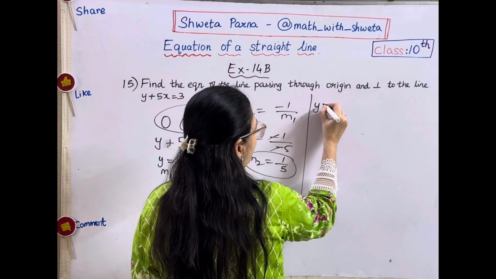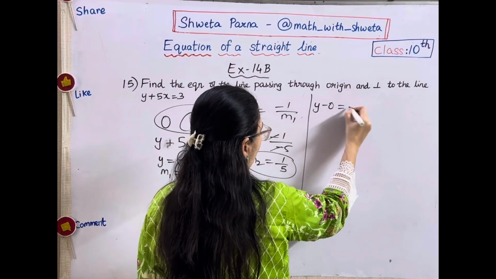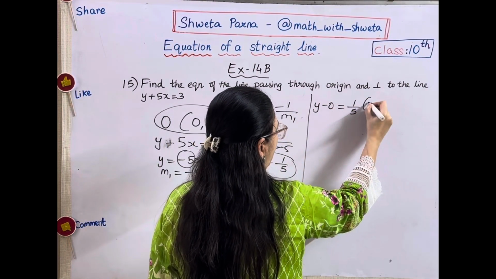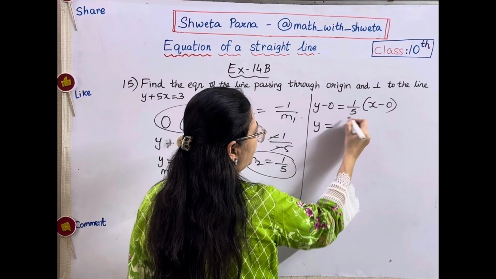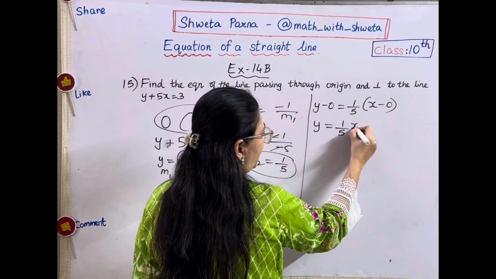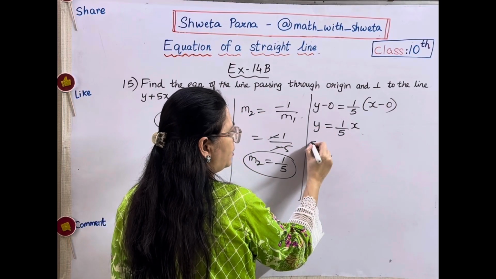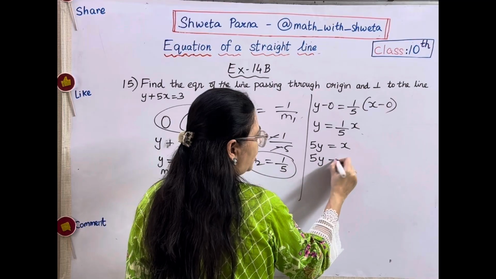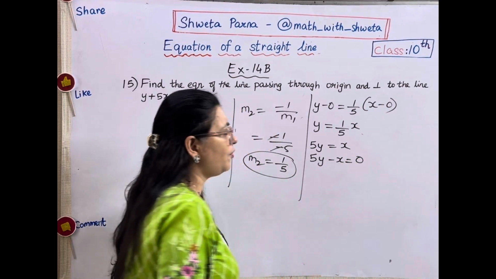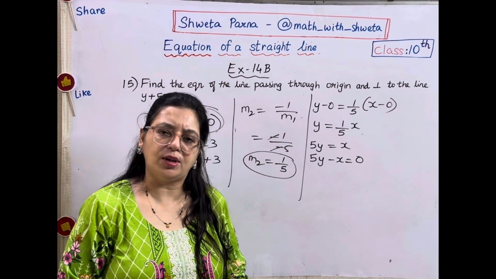So y minus y1 is equal to m into x minus x1. So y is equal to 1 by 5th x. 5 you bring it here, this will become 5y is equal to x. So the equation is 5y minus x is equal to 0.